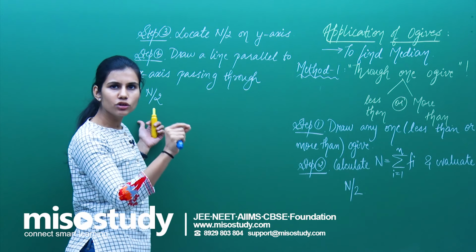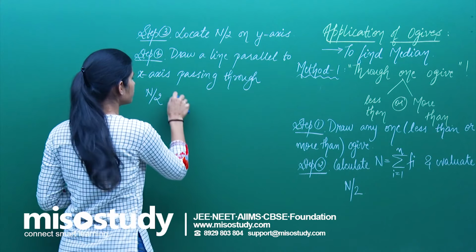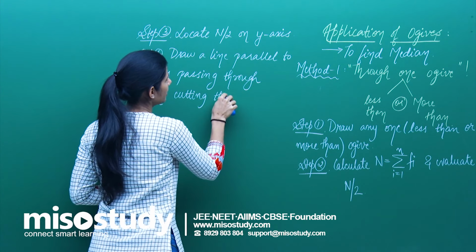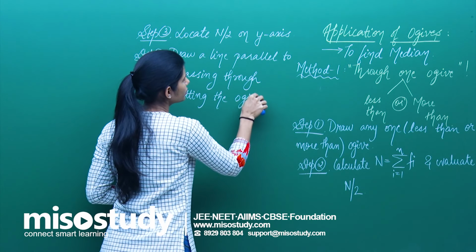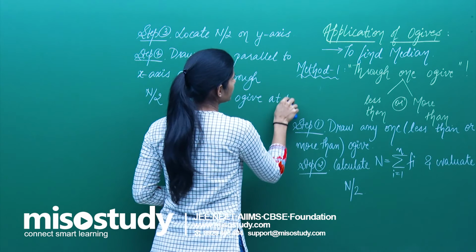N by 2 is a point marked on the y-axis. You have to draw a line parallel to x-axis passing through N by 2, cutting the ogive, whichever you have drawn, the less than or the more than, cutting the ogive at point P.